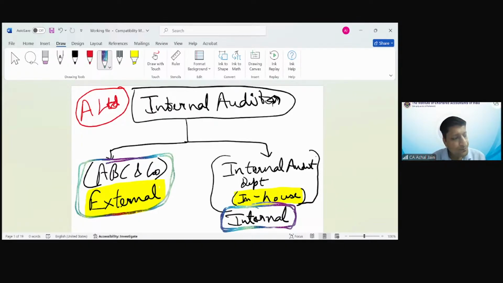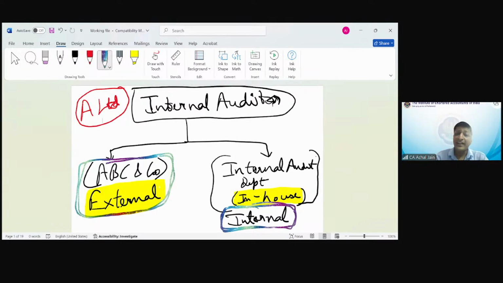No, sir. But for the in-house internal auditor, the threat will be more like familiarity threat and intimidation threat. Yes, that's correct. And that's why it becomes all the more important for the system to be put in place so that such threats are not there.